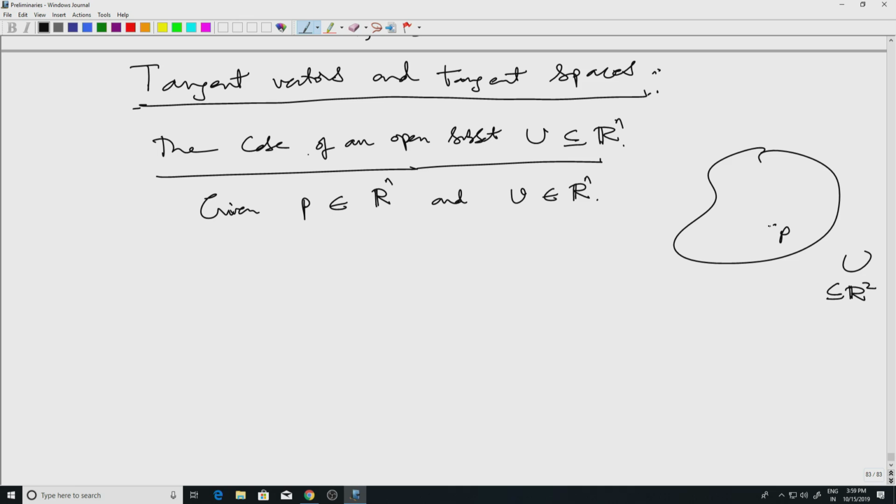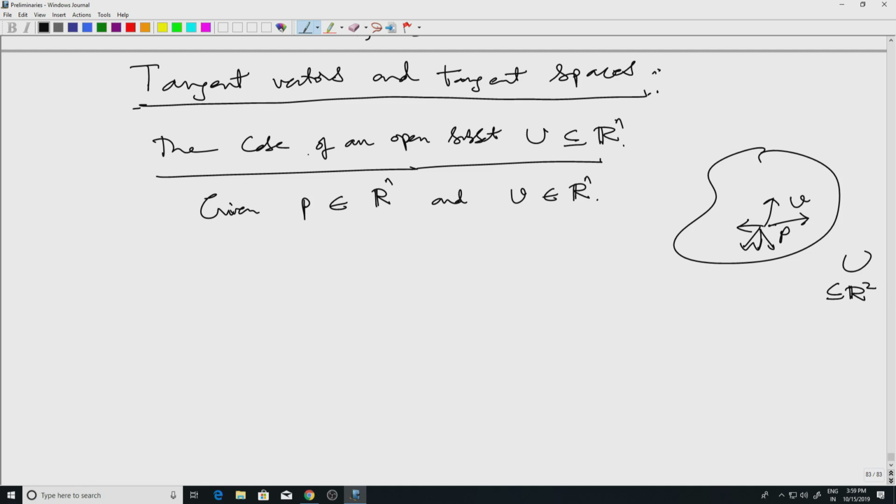Well, a tangent vector at any point, normally one thinks of an arrow based at P and pointing in some direction. This of course doesn't make sense, but in effect what one is saying is that one is looking at all possible directions in which one can move and yet remain within the manifold.